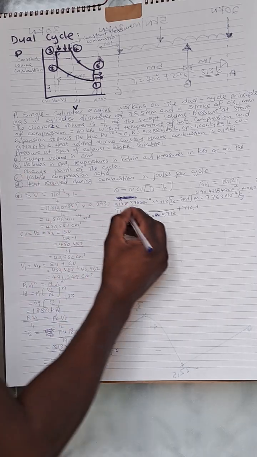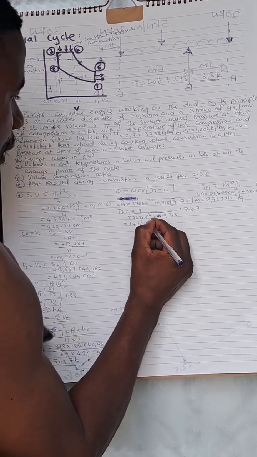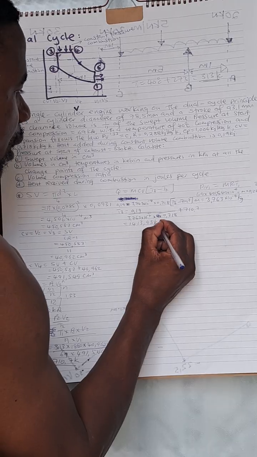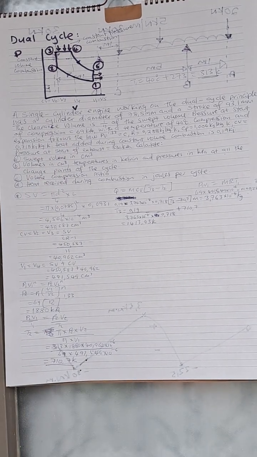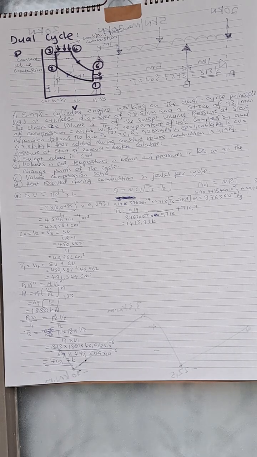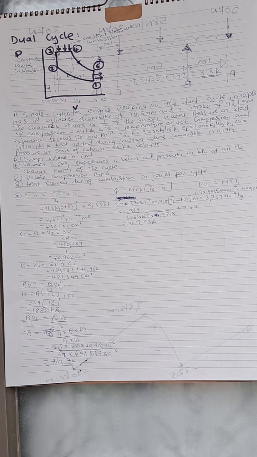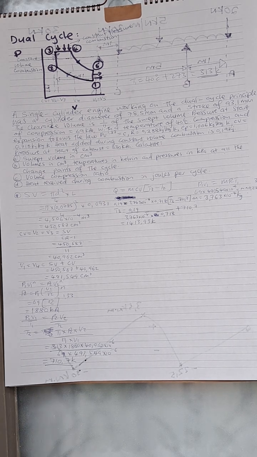I'm getting 1413.93 Kelvin. So we have T1, we have T2, we have T3. Now we can go for our pressures, because we have P1 and P2, we can get our P3.